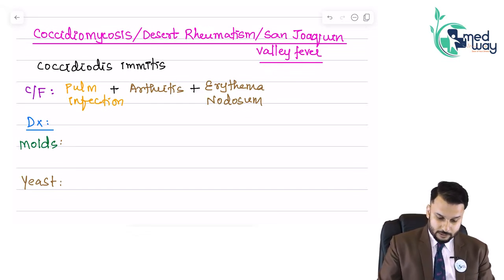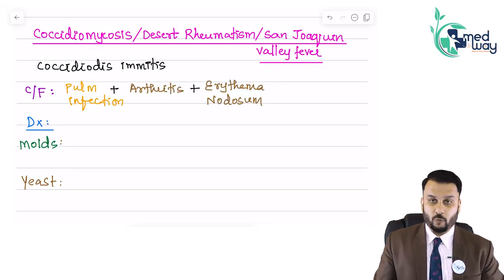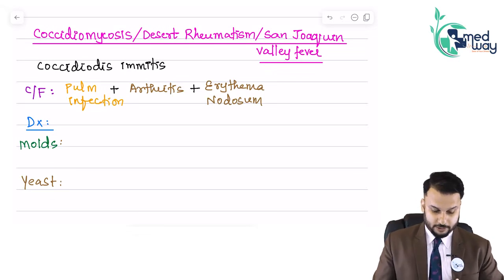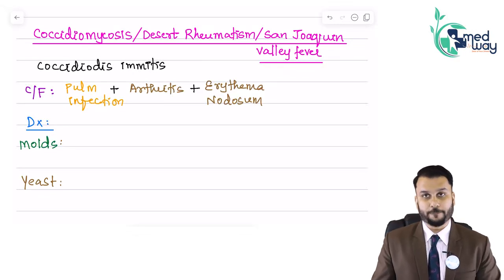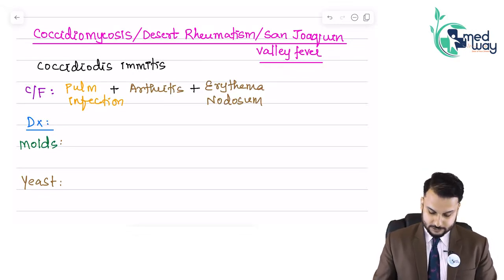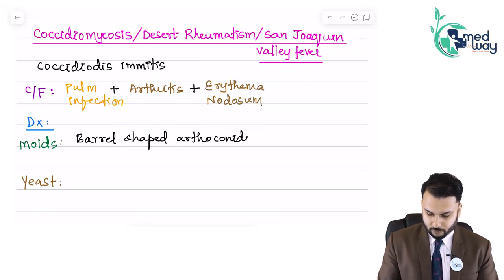All right. Now, once again, the whole thing boils down to the identification of these fungi. So guys, what you are going to remember here is the molds and the yeast forms again. First, the molds here have a special structure which we describe as barrel-shaped arthrospores, or arthroconidia to be more precise.